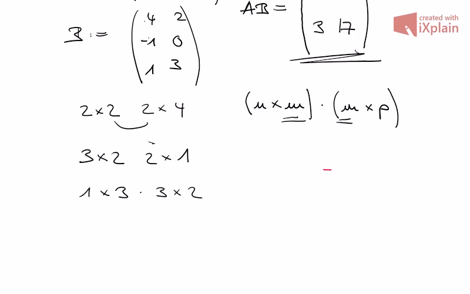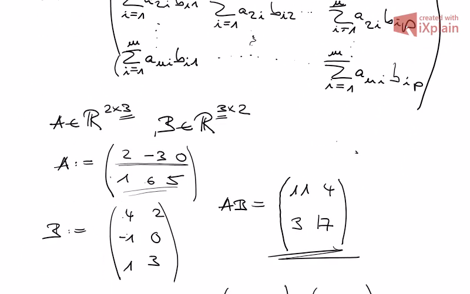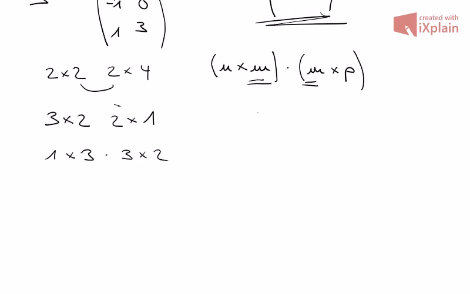If this is not the case, the question is wrong. Then you can say the question is wrong, I don't answer that. But if these numbers are the same, then based on the mechanics of this sum formula, you know that the resulting matrix is of size n times p.